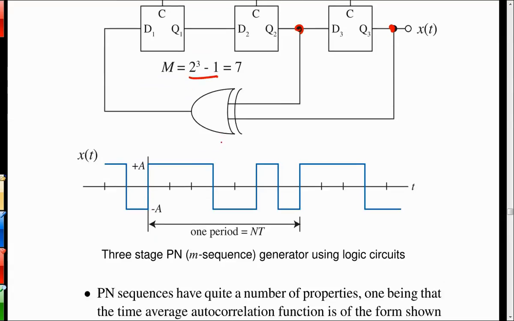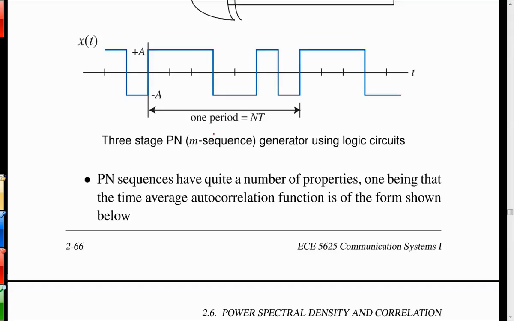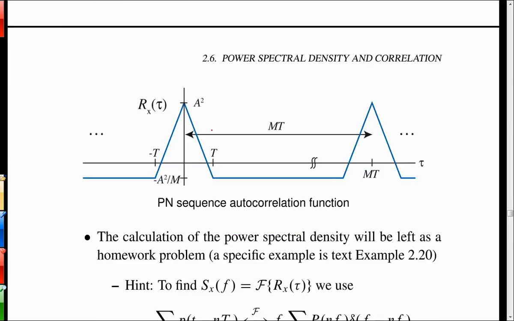Now, here's the deal. If you want to get the Fourier transform of this over one period to get its spectrum, that's not such an easy thing to do. If you think about a 1023 long pattern of 1s and 0s, you're going to Fourier transform that as one period. You can't. It's too intense. What you end up with, though, is you use this property that its autocorrelation function is a periodic triangle autocorrelation function that has this appearance to it.